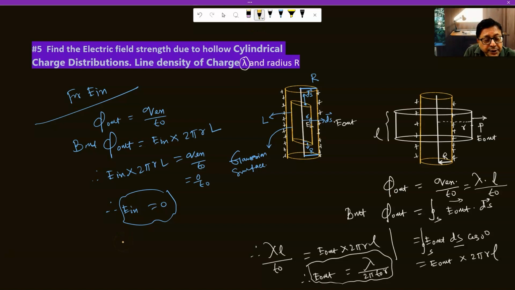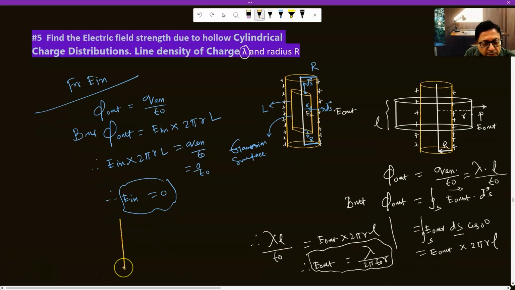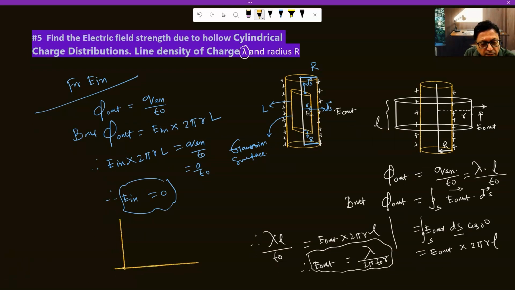Like if we take electric field along the y-axis and distance along the x-axis, then till the distance r equal to big R, it remains 0.